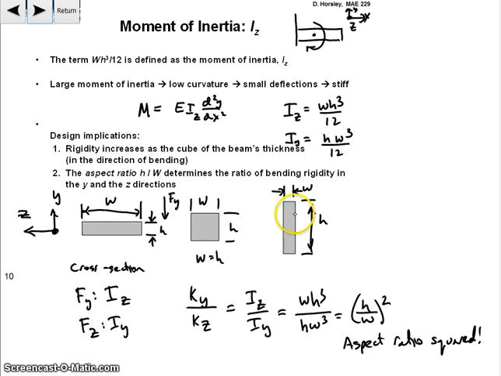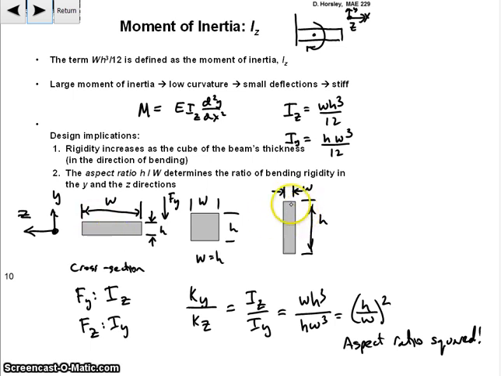So that means if we have a beam like this that's very tall and narrow, let's say this was a 10 to 1 aspect ratio, 10 times taller than it is wide, then the ratio of the spring constants is different by a factor of 100.